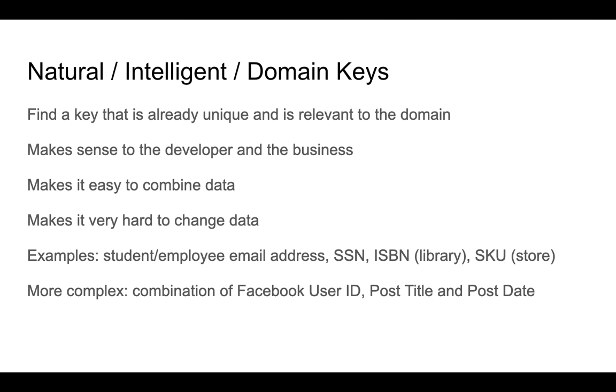And so you can combine several columns together to make a natural domain key, because the combination of user ID, post title, date and time is obviously going to be unique and relevant to the domain and relevant to the subject. Obviously, it makes it really hard to change that underlying data if you're using it as part of your key.